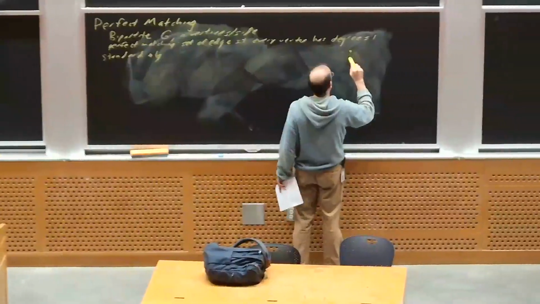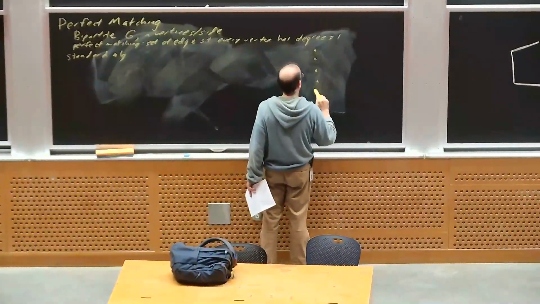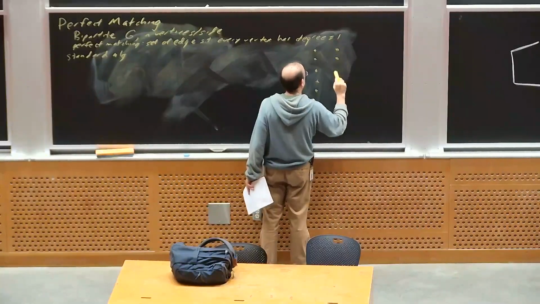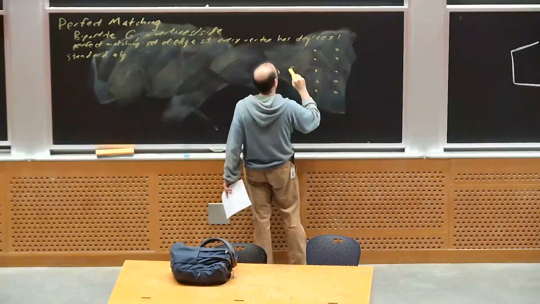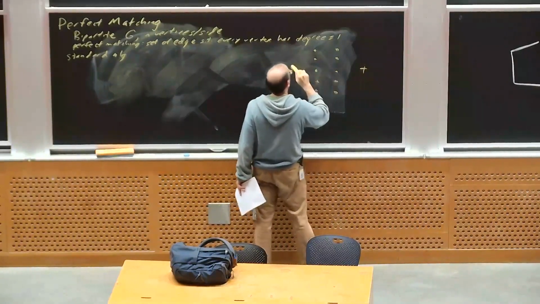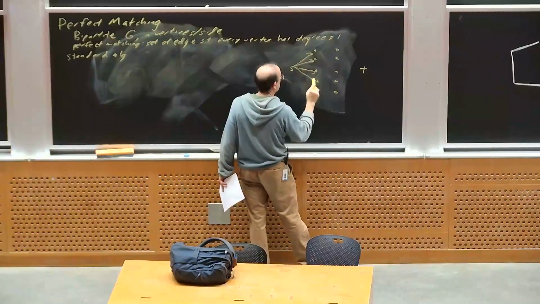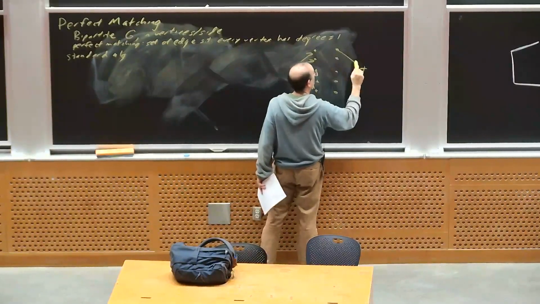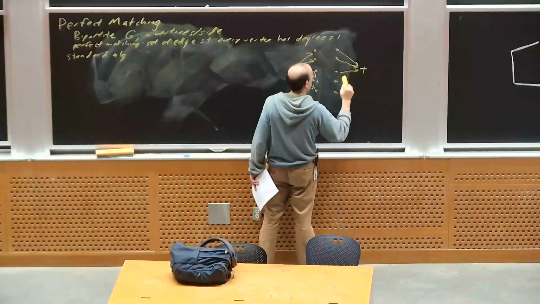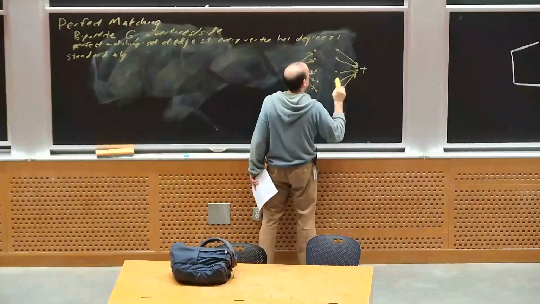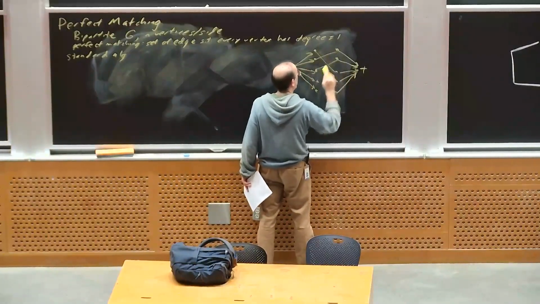You set up your bipartite graph. You put a source on one side, put a sink on the other side. You put some directed edges. It's important that they be directed. We actually got pretty tripped up on a research project once when we forgot that they had to be directed.